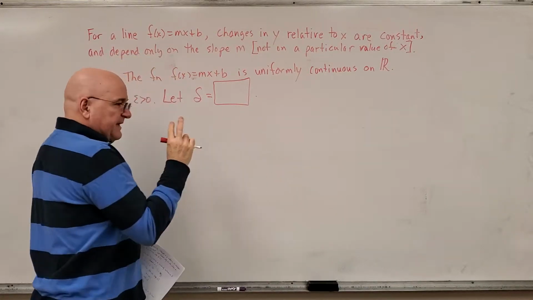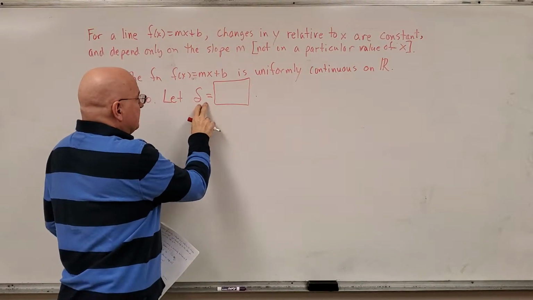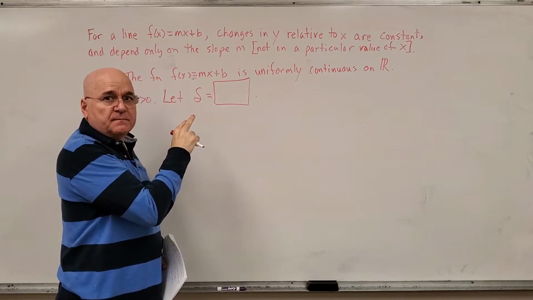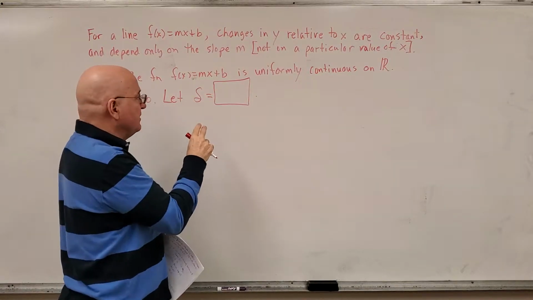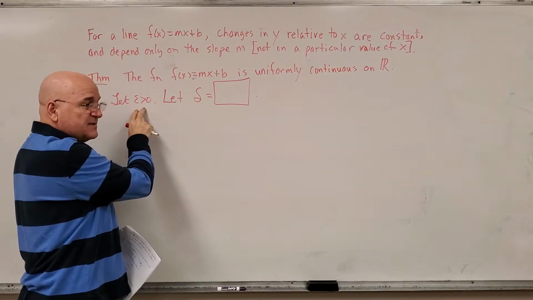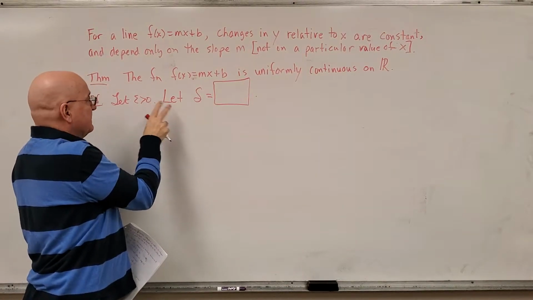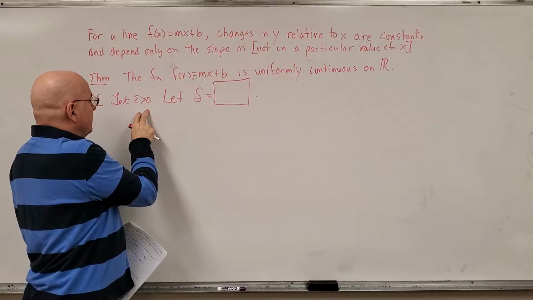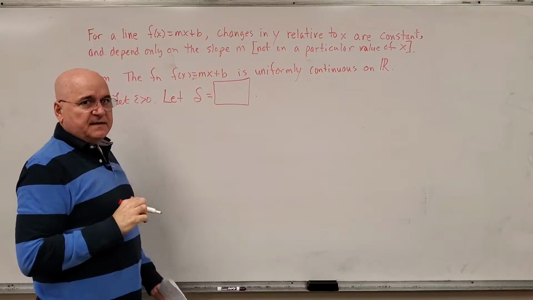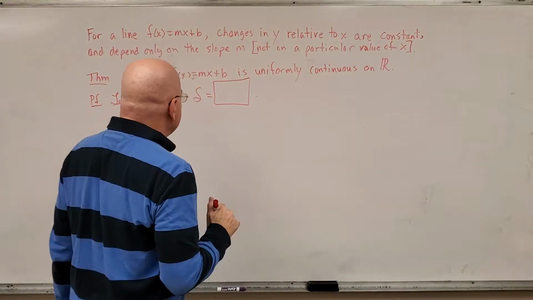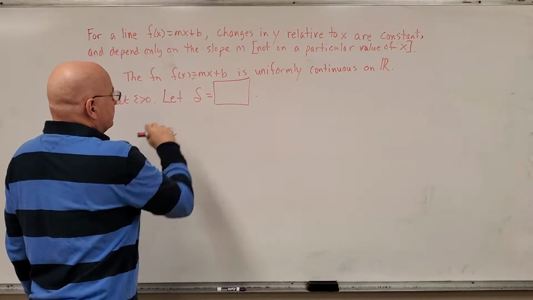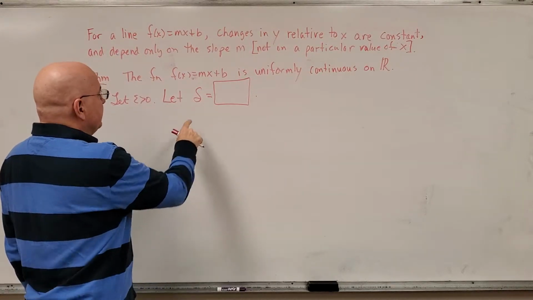Okay, so for any two values in the domain that are closer together than delta, less than delta distance apart, we want to show that the values of the function at those two values, the value of the function at x and y, say, when you take the difference, is less than epsilon. And it doesn't matter which two values you pick, as long as their distance apart is less than delta.